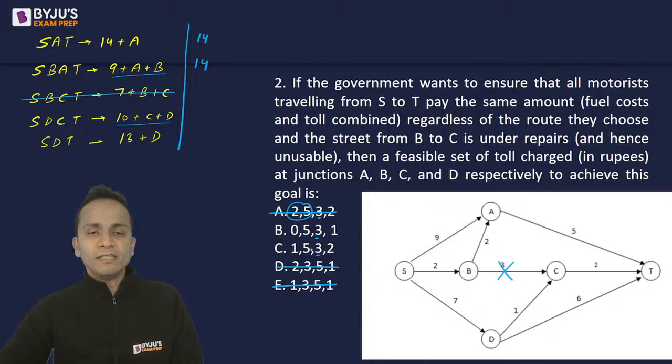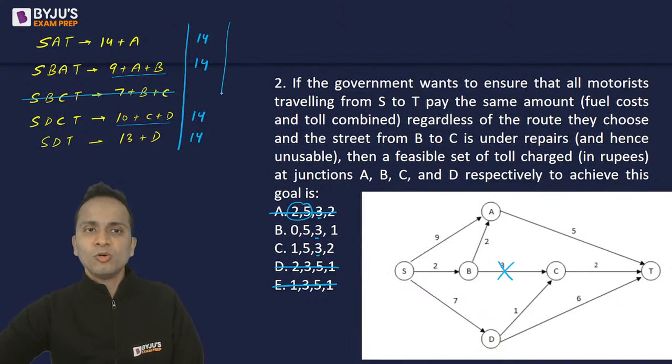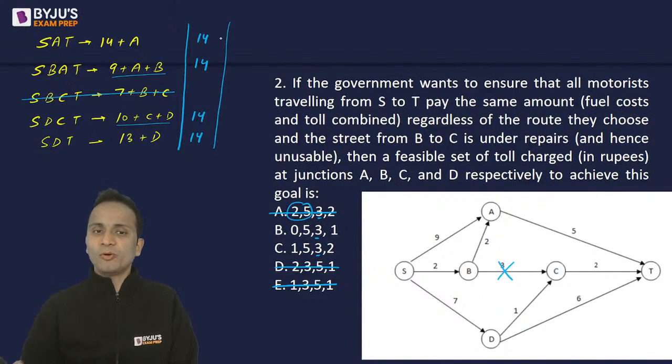C plus D, fourth route, 3 plus 1 is 4, 10 plus 4 is 14, and 13 plus D, it is also 14. Now this particular option is giving me equal values along all the four routes. So this should be the answer. So option B is the correct answer.